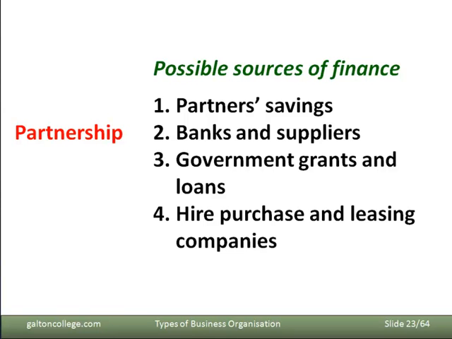Hire purchase agreements and leasing companies may be prepared to lend to the partnership more willingly than to a sole trader, because it's a bigger organisation, more status, more reputation.